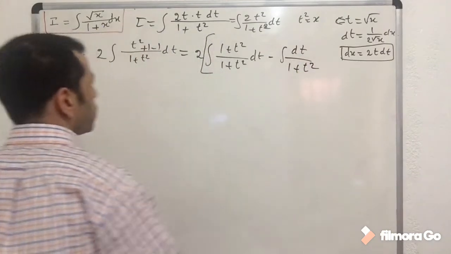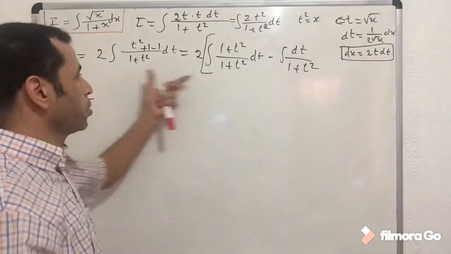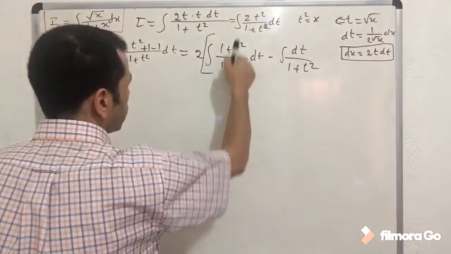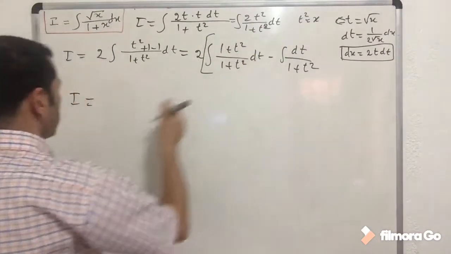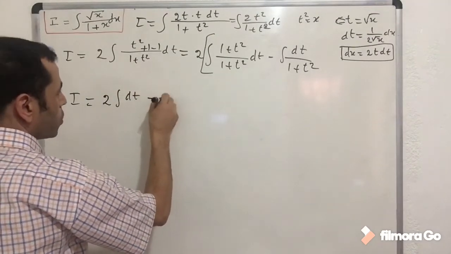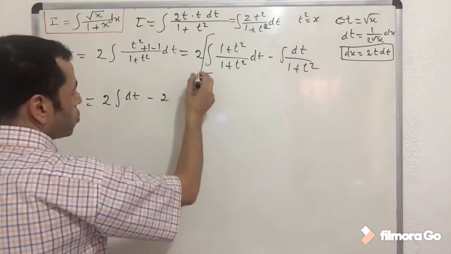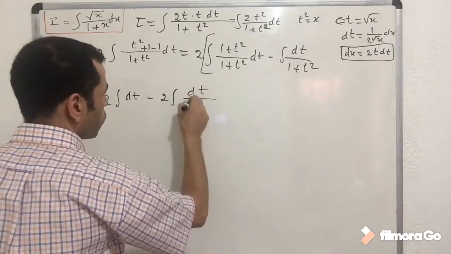Okay, you split one integral into two integrals. The first integral equals 1: 1 plus t squared over 1 plus t squared is 1. So your integral becomes dt. The second integral becomes 2 times, multiplied by the other one, so your integral becomes dt over 1 plus t squared.